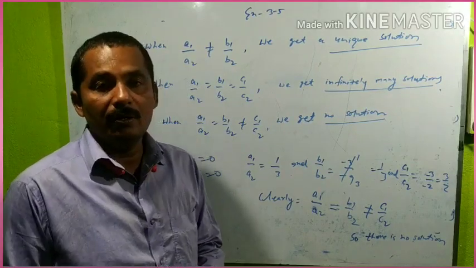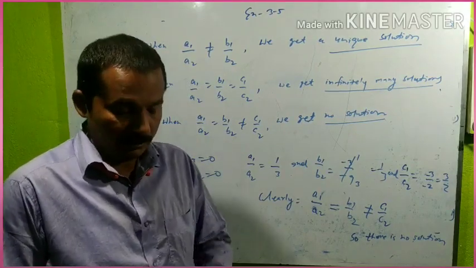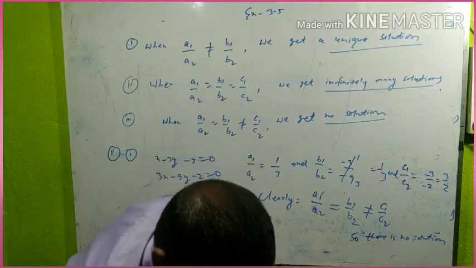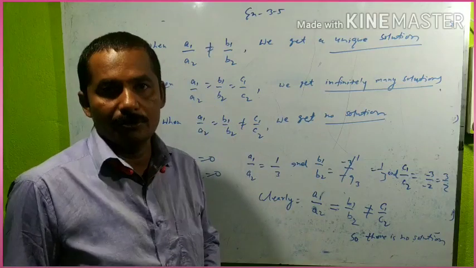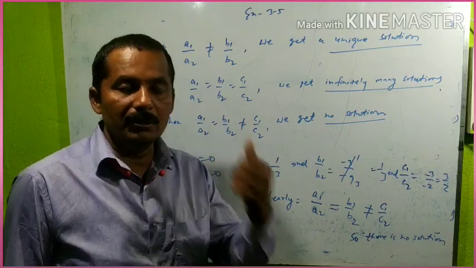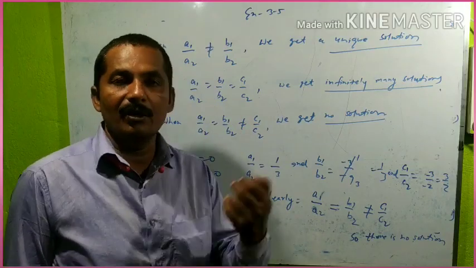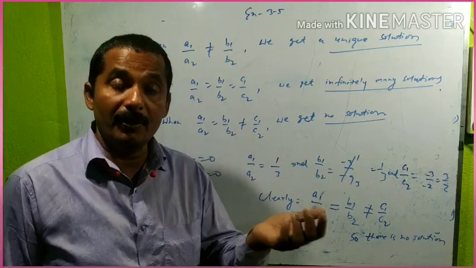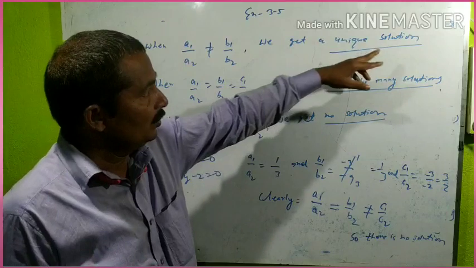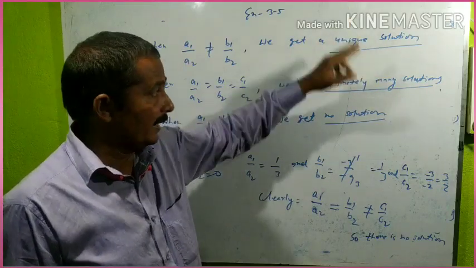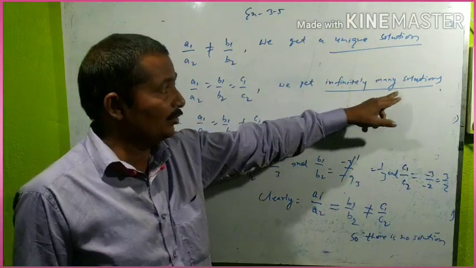When you have a pair of linear equation in two variables, there are three types of solutions. There are three possibilities to get the value of x and y. What should be the value of x and y? First one, unique solution. Second one, infinitely many solutions.